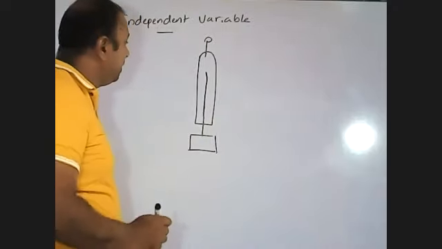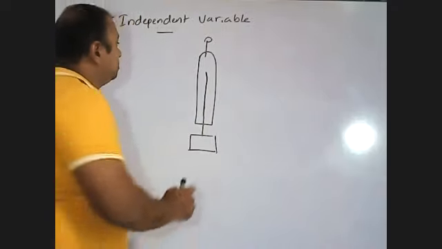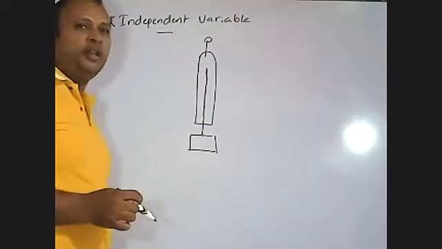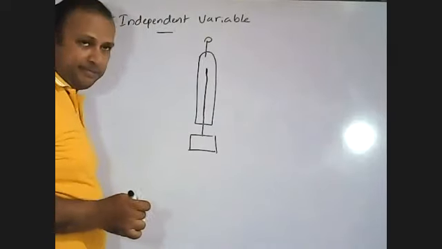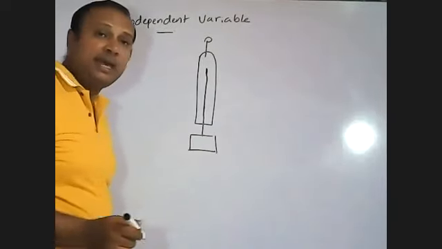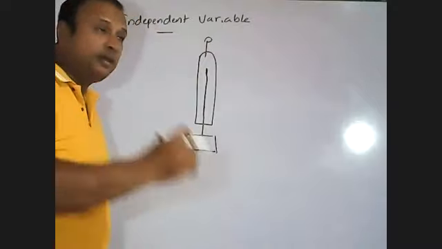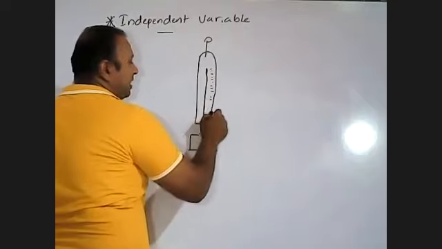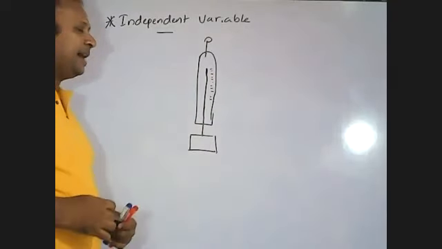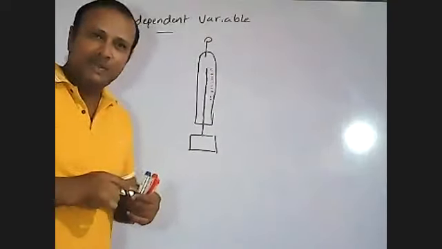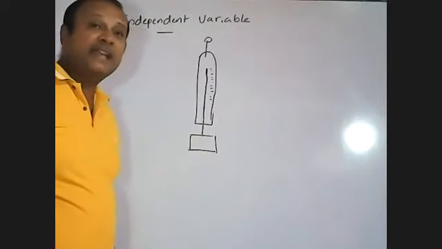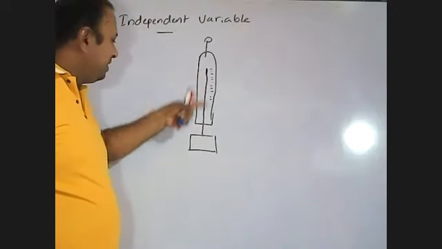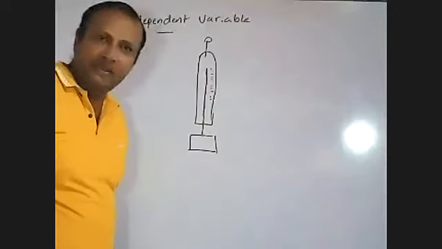We have to take the reading of the spring balance. Suppose the readings are scaled as a length. So we have to build a relationship between length and the weight.